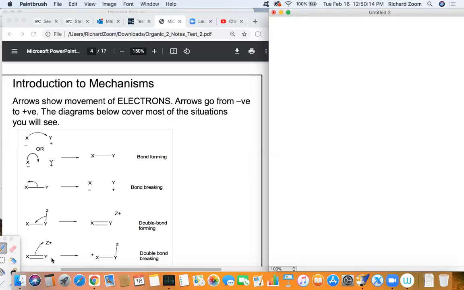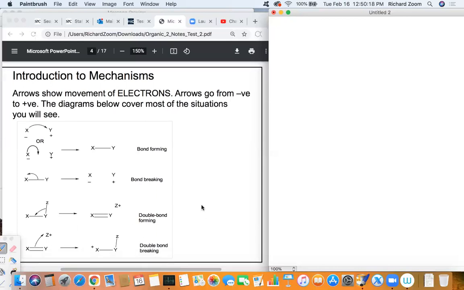Does anybody have any questions so far? So in the first few of these, I'm really going to hit the mechanisms fairly hard. And then as we go through, I'm not going to be talking about the mechanisms quite as much, but I will be doing a lot of mechanisms, and you'll have to understand the stories that the mechanisms are trying to tell.